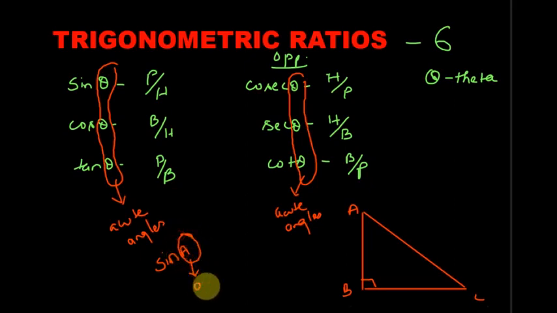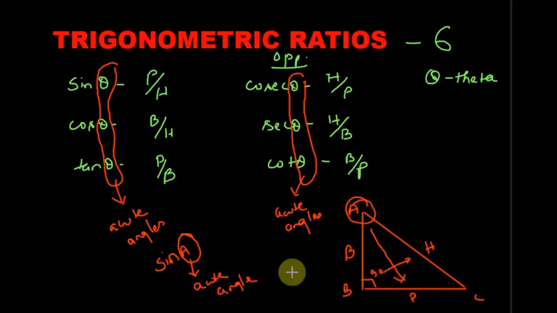So we got a clear idea that A will be the acute angle which will be selected. So as per acute angle A, what will be our perpendicular? Perpendicular is the opposite side of the acute angle. So this will be our perpendicular. Since this is 90 degrees, this will be our hypotenuse, and whatever is left will be base, yes or no? Or we can say the adjacent of angle A is AB, this will be our base.